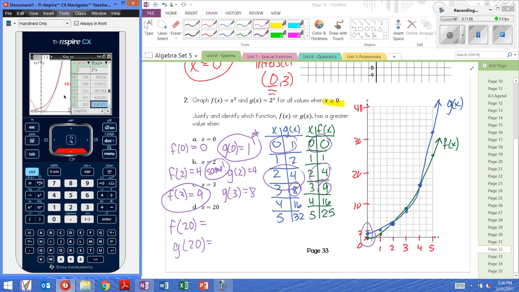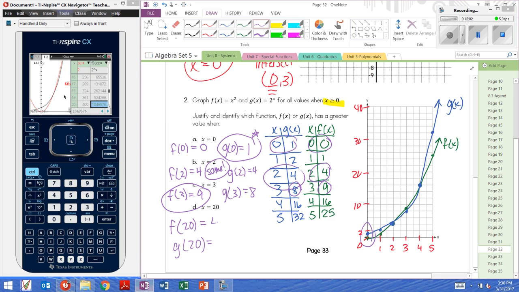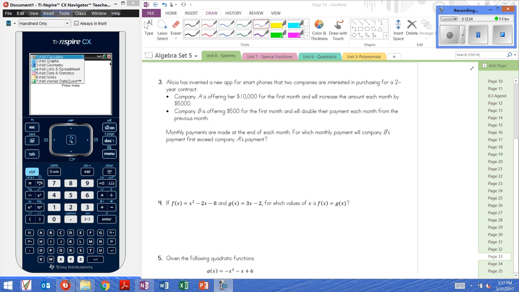And oh my goodness, f of 20 is 400, where g of 20 is, what is that, 1,048,576. So that's over 1,000,000. So I think it's safe to say that g of 20 is bigger.